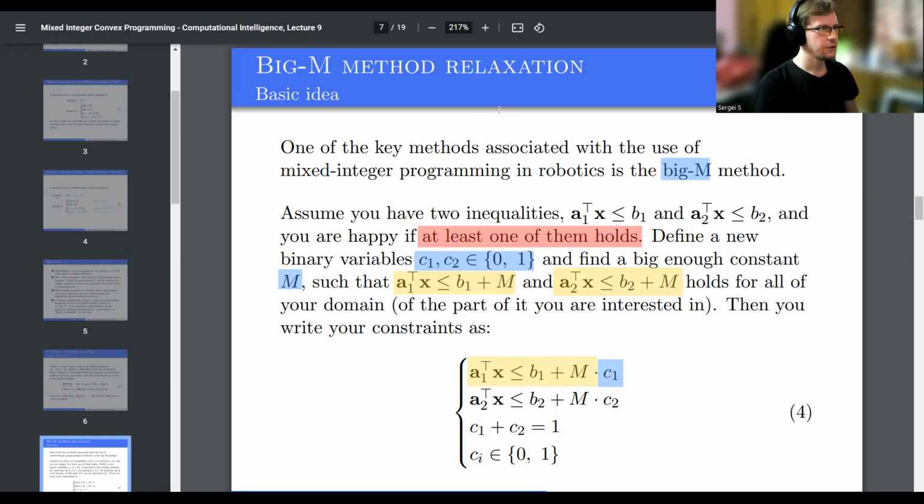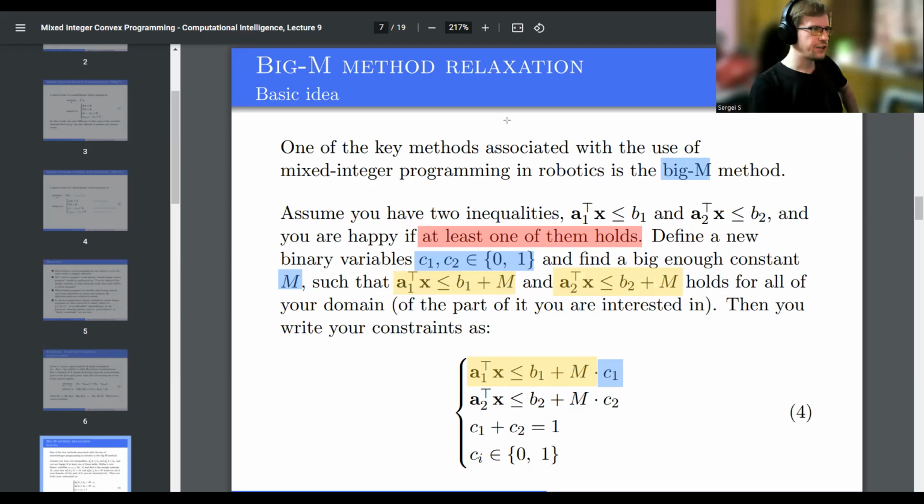If it is 0, then this whole part will go to 0. If it is 1, then this constraint will always hold, because we chose M so big that it will always hold. There are only two options. If C is 1, it always holds for the same reason. If C is 0, then this term goes away.